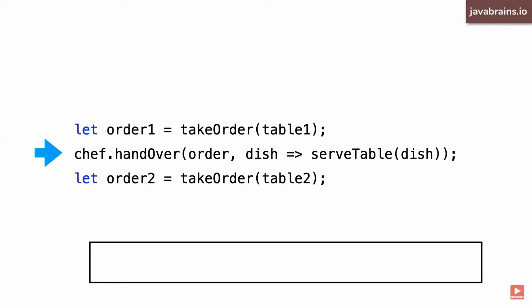So the waiter doesn't hang around. He moves to take the order for the next table, which is table 2. When he's in the middle of taking that order, let's say the chef finishes order 1. Now the callback doesn't get executed immediately. Nope, it goes to the end of the event queue so that the waiter can get to it once he's done with the current work first.